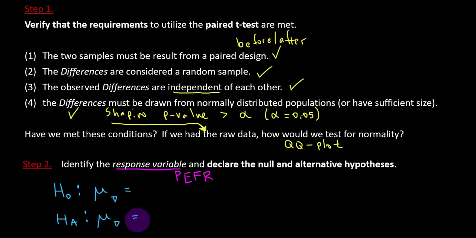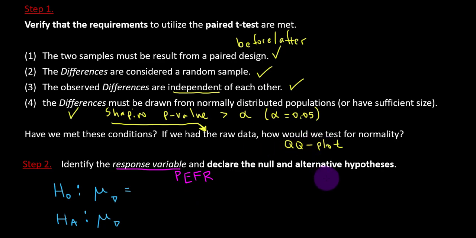And I probably shouldn't have written equals here. Undo that, because we're going to need to look at the hypothesis in the description of the study to see if this is a directional or a non-directional test. But before we get there, we're looking for a difference. And the null hypothesis always states no difference.